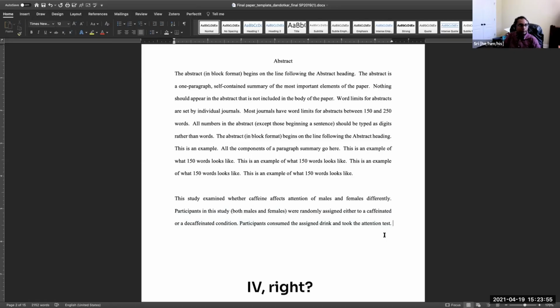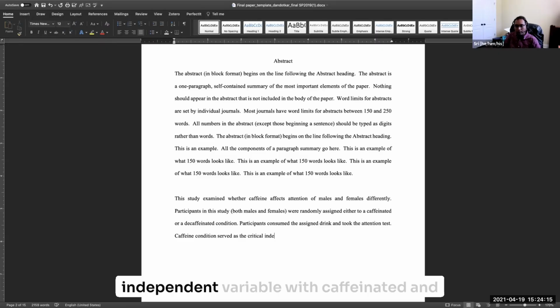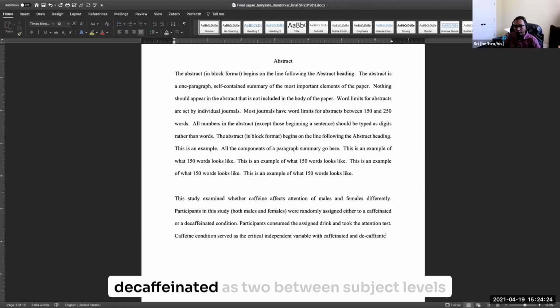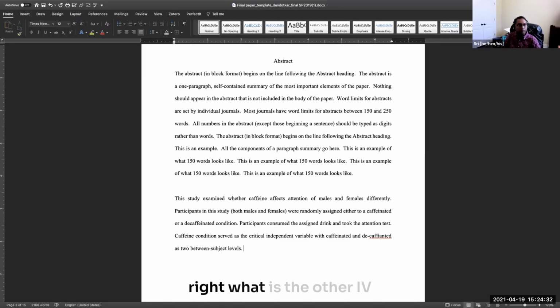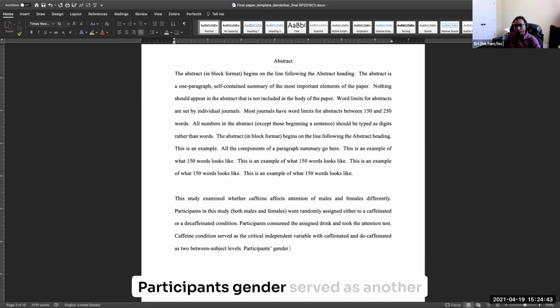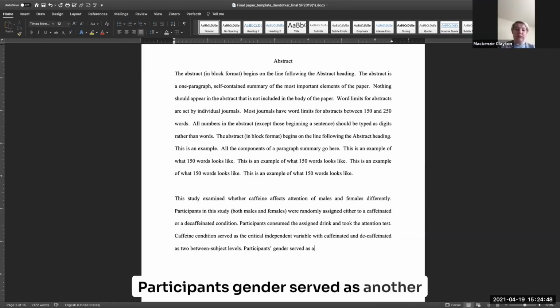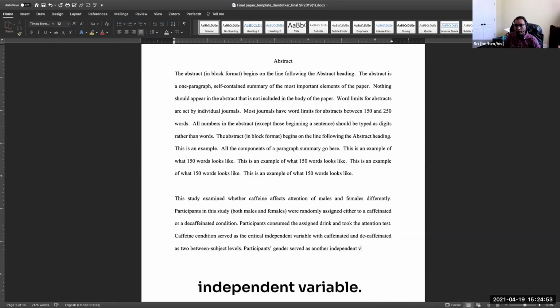IV, right? Caffeine condition served as the independent variable with caffeinated and decaffeinated as two between subject levels, right? What is the other IV? Participants' gender served as another independent variable, right?